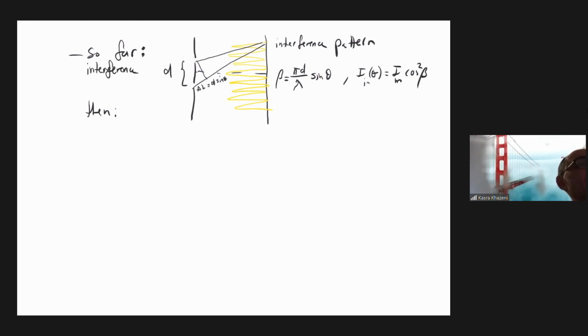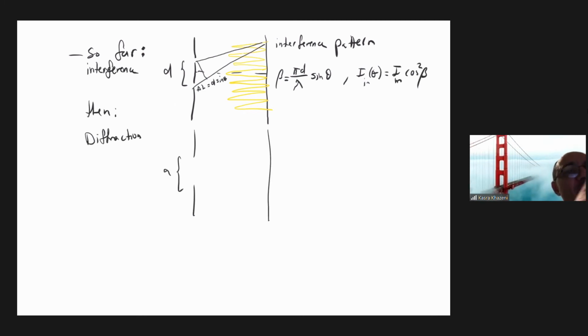Then we found out that we get diffraction as well. Diffraction was one opening, and on the screen you would get a diffraction pattern, right? That's what you would get.